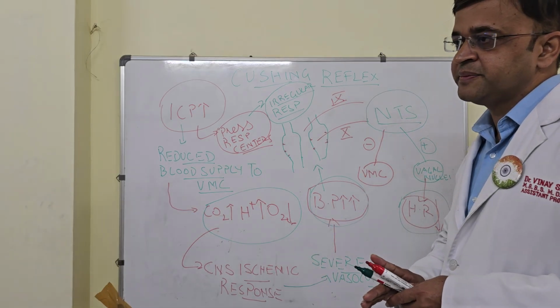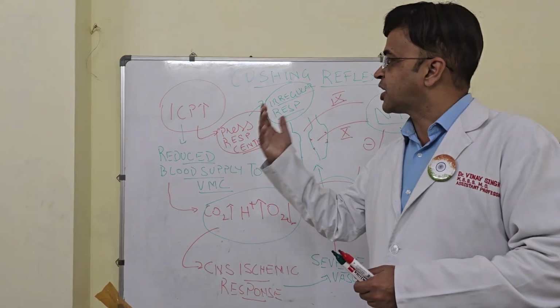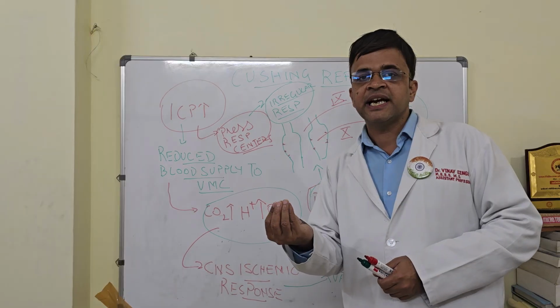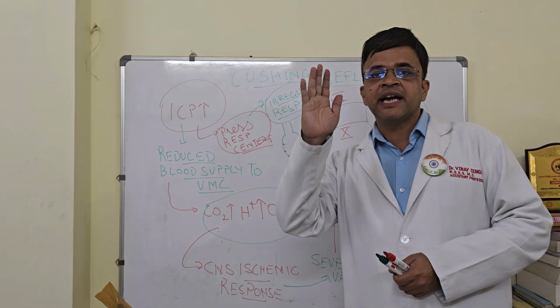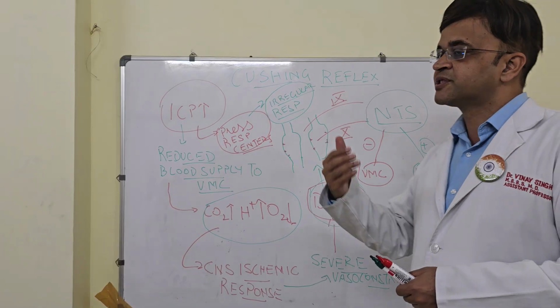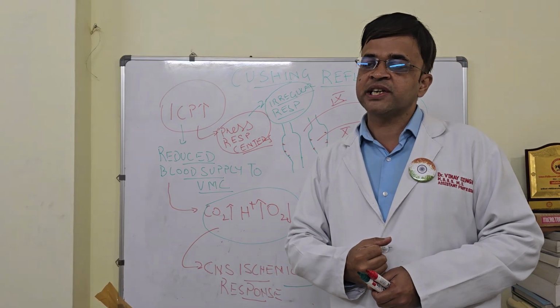Triad. Okay? So let's revise it once again. Cushing reflex, if someone asks in 2 lines, what you will say? Increase in intracranial pressure will lead to bradycardia. If someone asks what is triad of Cushing reflex, what you will say?